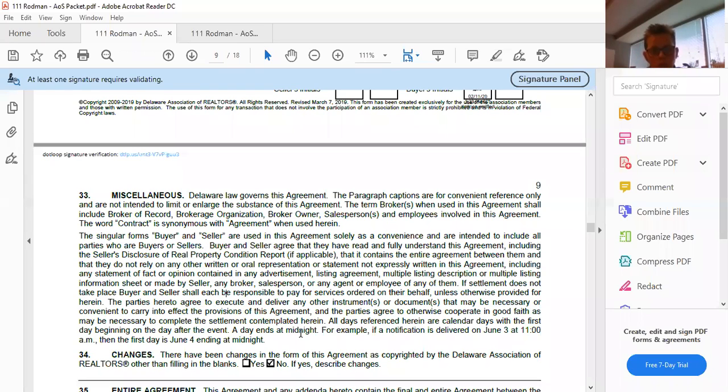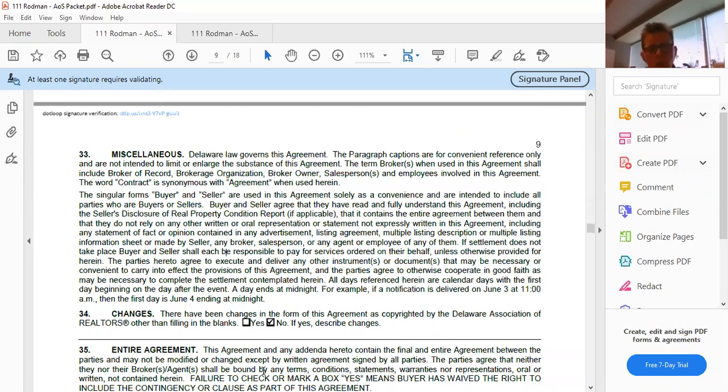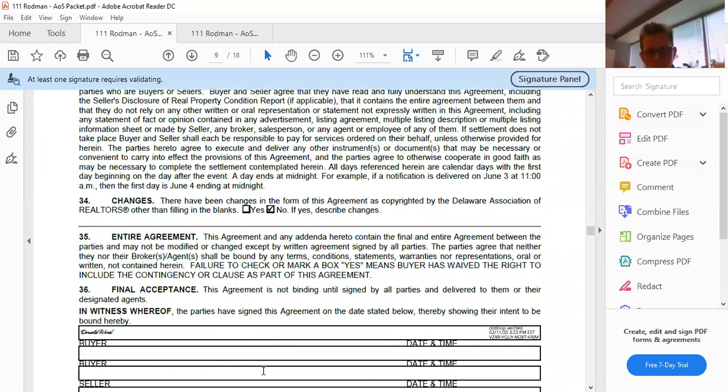So I wouldn't encourage it though, because if I was a seller or a seller's agent and I got an agreement that was all marked up and sections were changed, I'd be like, hell no. What are these people going to be like to deal with? Exactly. You don't want any part of that. So encourage your buyers who are attorneys not to make changes to this form, this document.